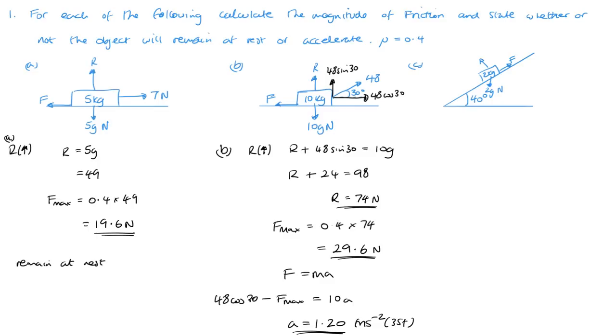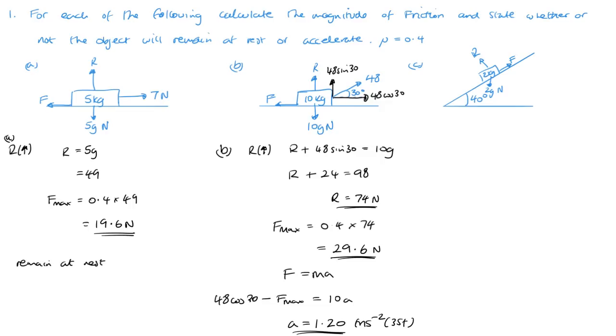Okay, it's 1.1969, so when we round up it's going to become 1.20. Okay, so that is part B, and that is of course one that we have to be wary about.